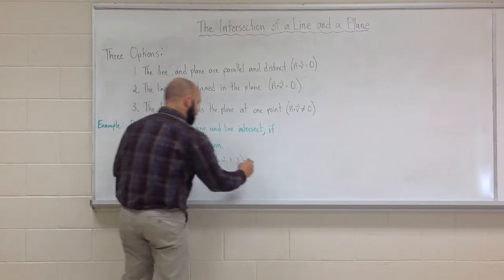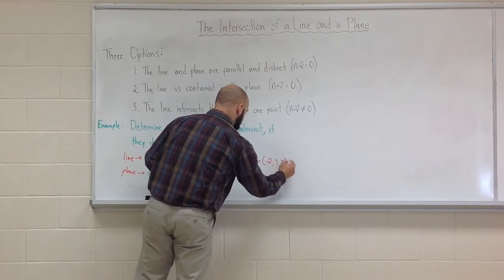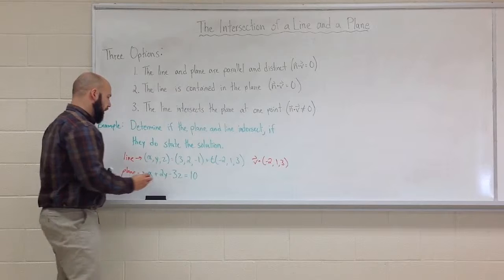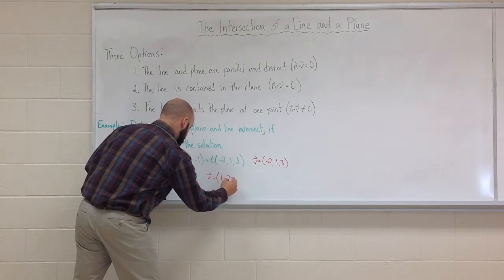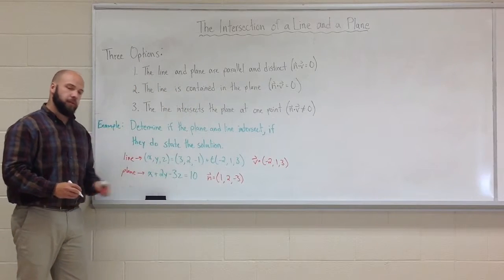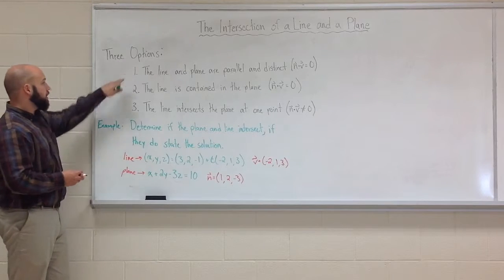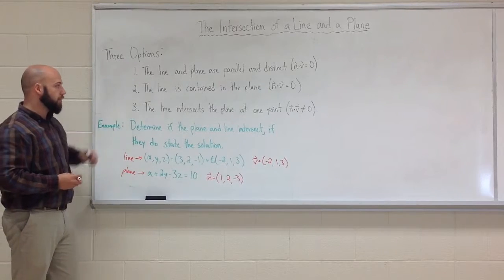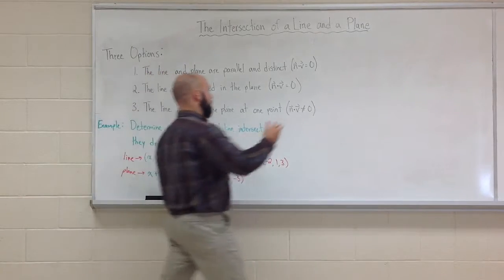The direction vector here is -2, 1, 3, and the normal vector here is 1, 2, -3, being the coefficients in front of x, y, and z. So let's determine which of these three options we have by doing the dot product of n and v.